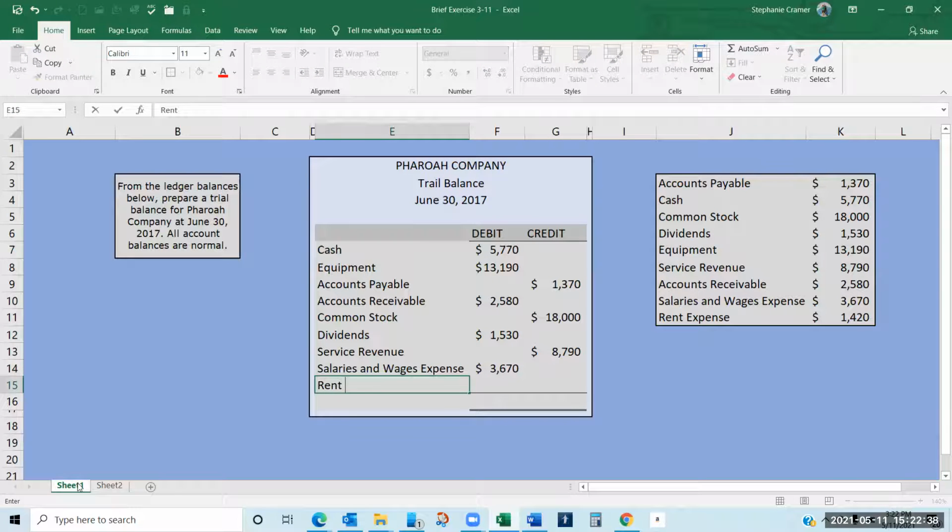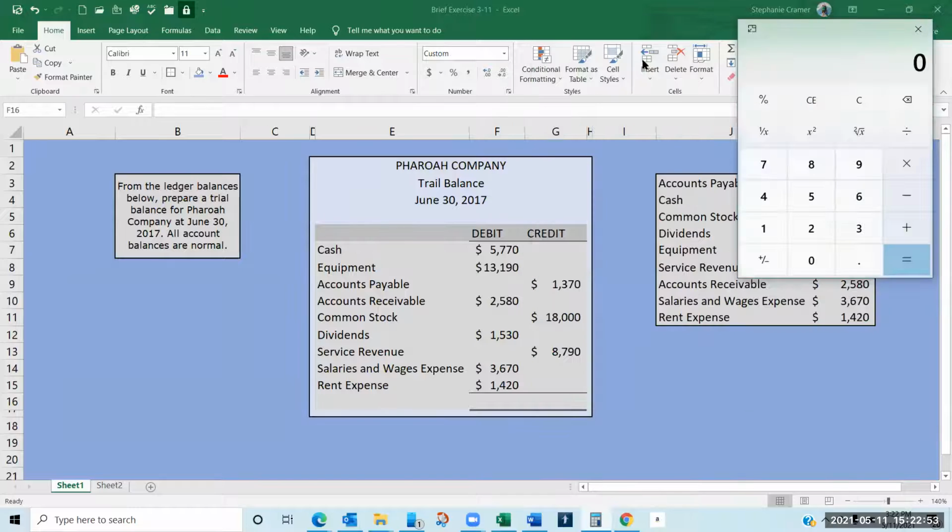And last one is rent expense. And same thing, with it being an expense, it is debited 1,420. And last step for us to do is to add up each column.